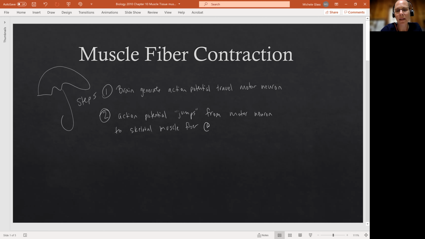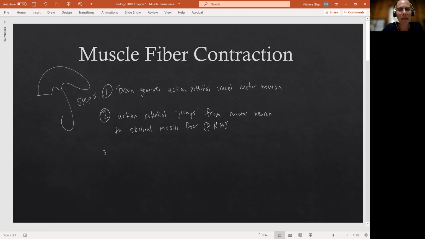And this is happening at the NMJ. We just had a video trying to help us visualize this particular location. NMJ stands for neuromuscular junction. So this is where that motor neuron synapses onto the skeletal muscle fiber. And when we're talking about fiber, we're talking about a skeletal muscle cell.